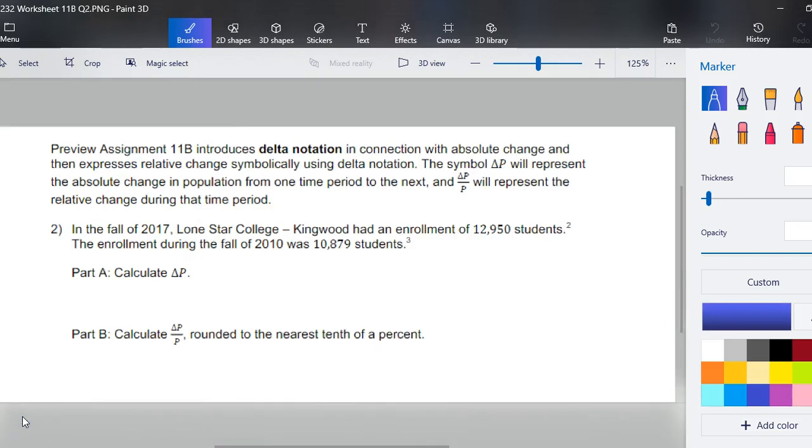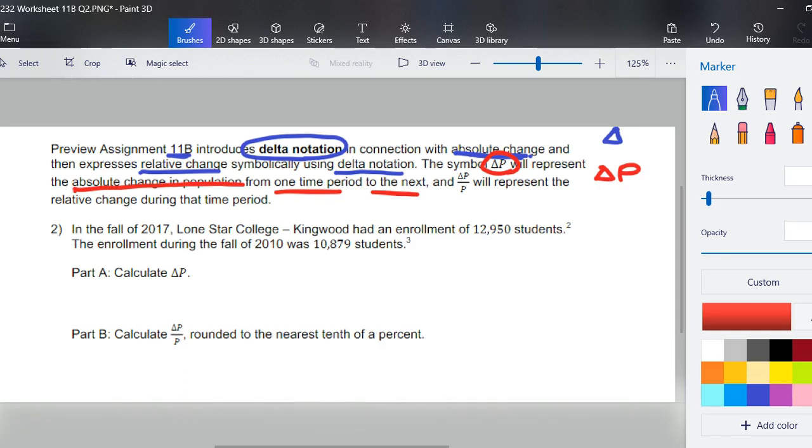Still looking at absolute change and relative change, our preview 11B is going to have new notation, delta notation. It has a Greek delta, meaning change in. We're going to connect this to the absolute change and express the relative change symbolically. The symbol delta P, the change in P, like the change in a population, represents the absolute change in population from one time period to the next.